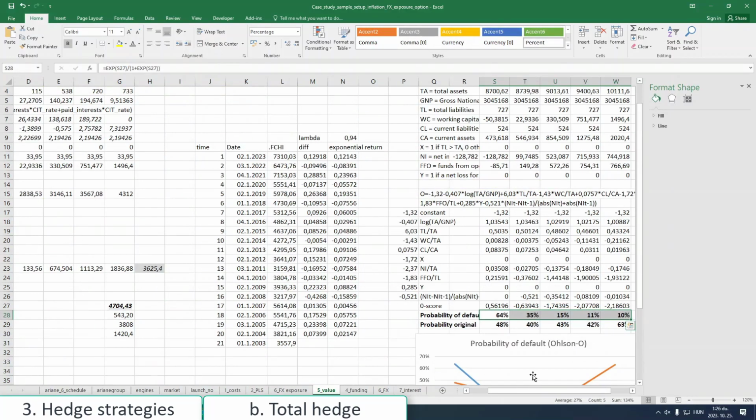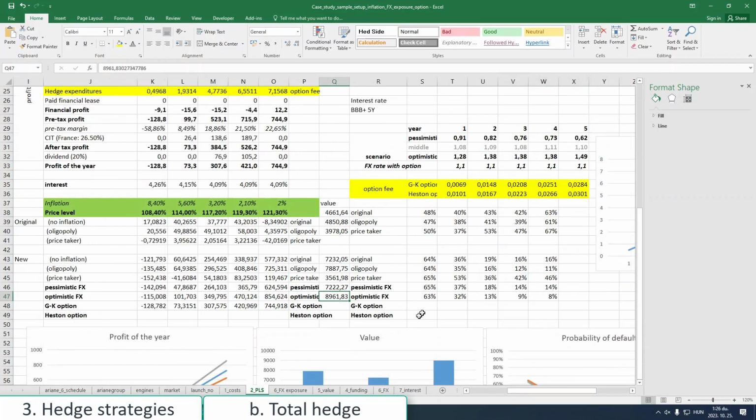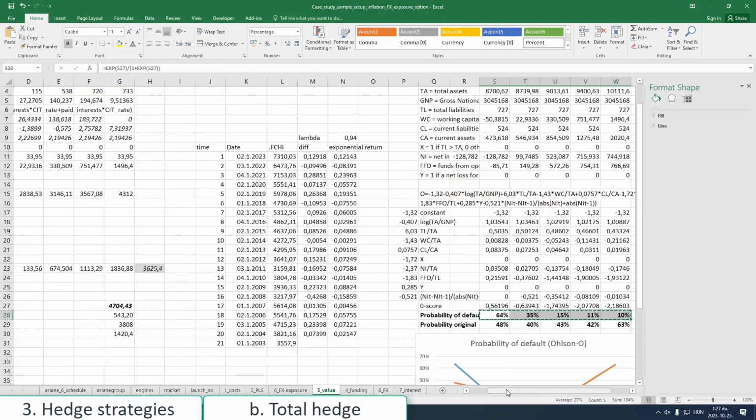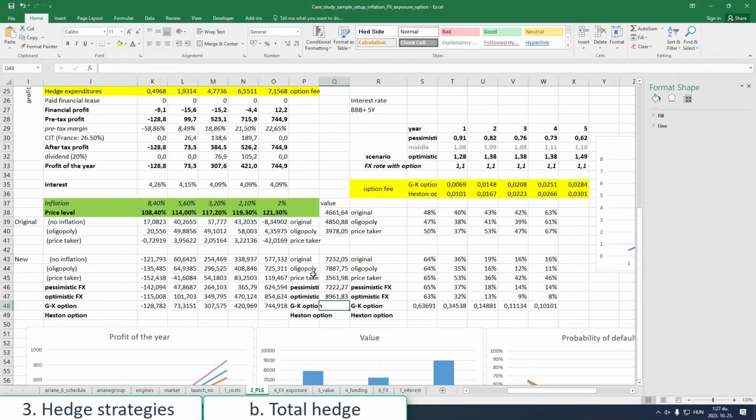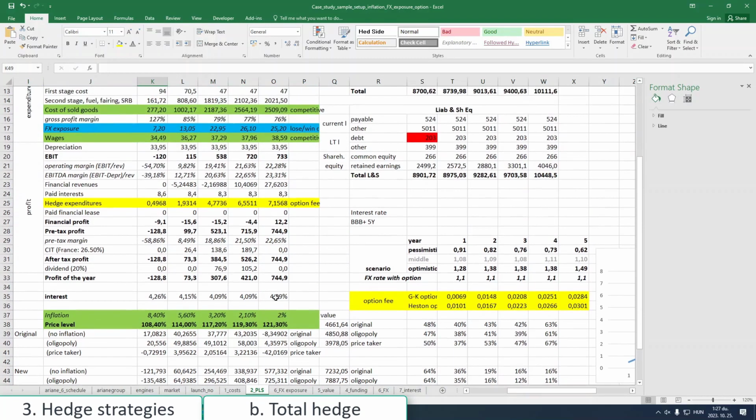So, what is the value? No, we are already here, so what is the probability of default? And what is the value? And also we can see Heston option.